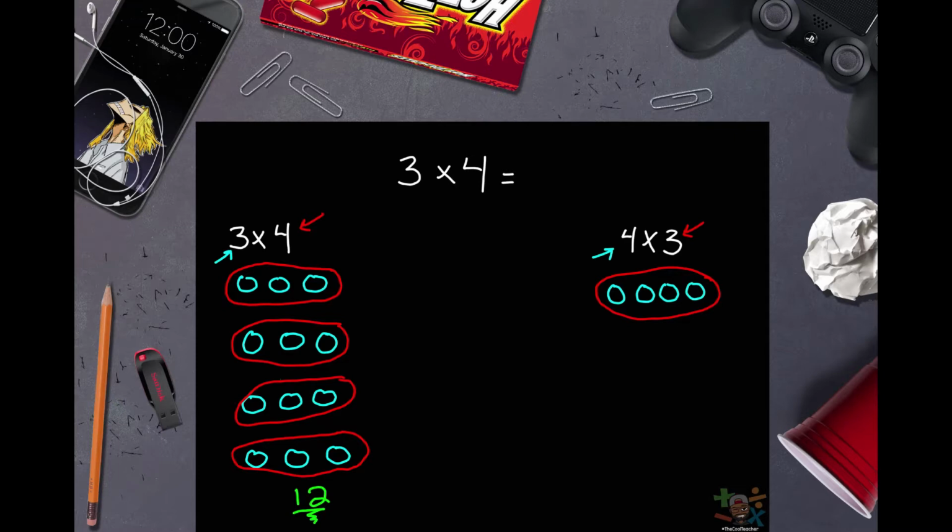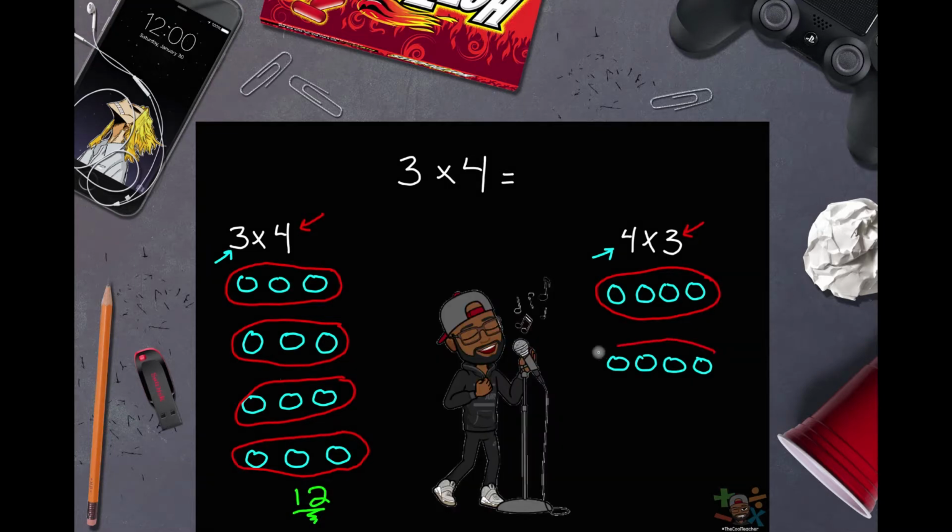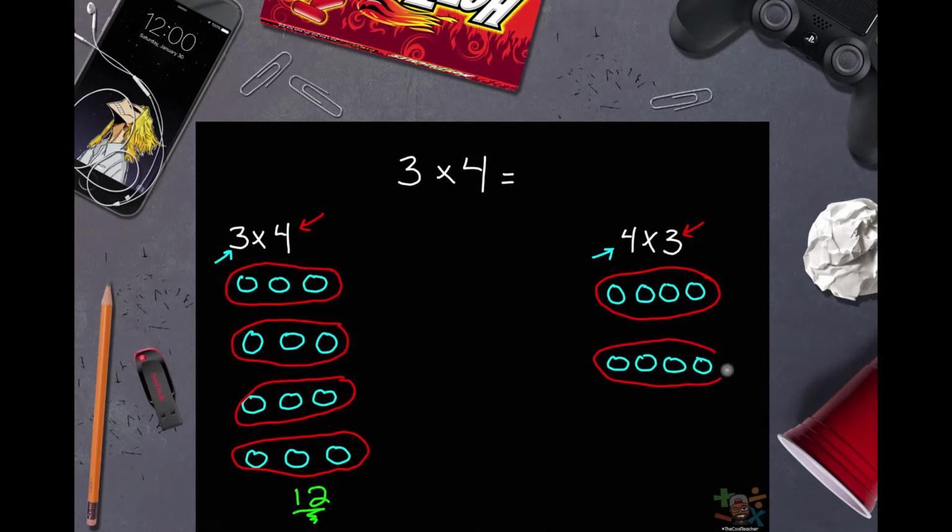Okay? And once again, 1, 2, 3, 4. And then circle the group. There you go. And last but not least, 1, 2, 3, 4.